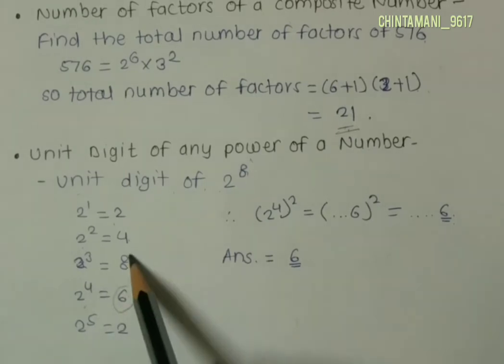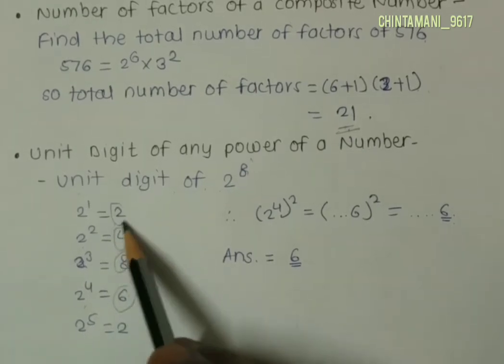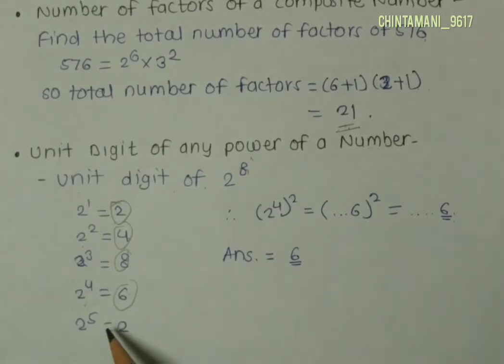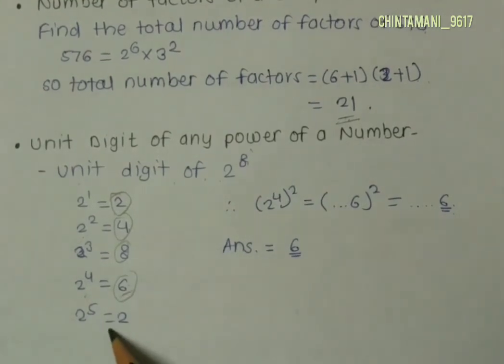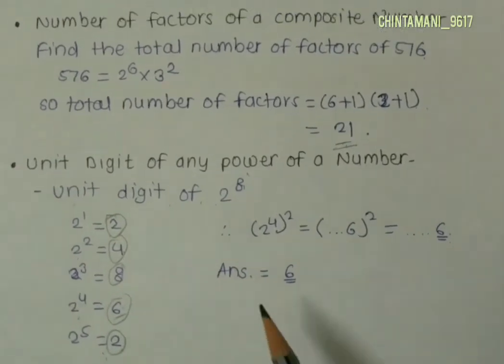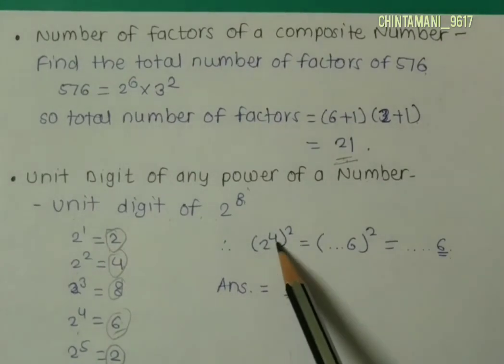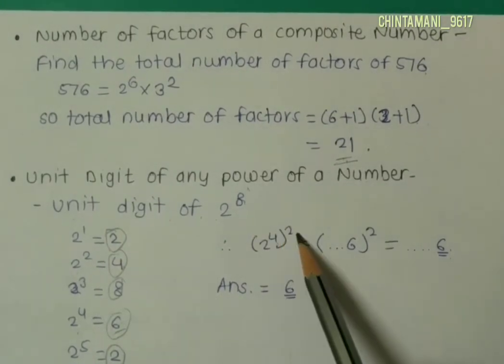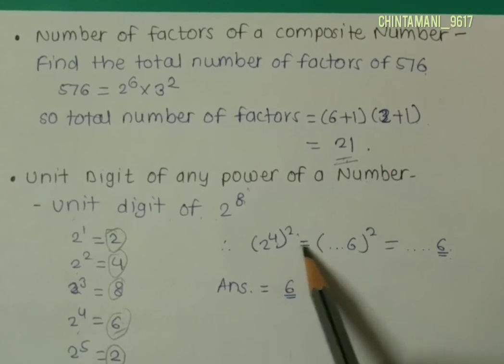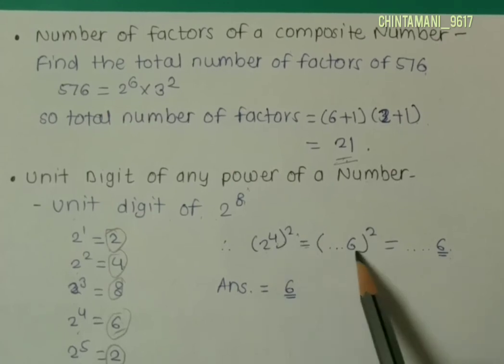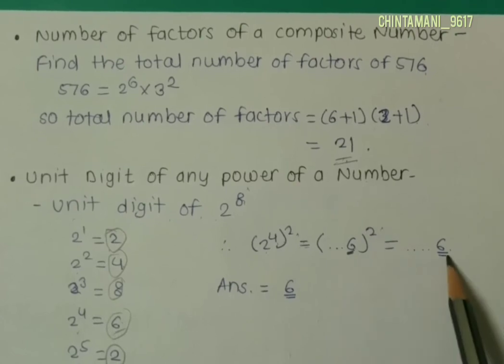These are the unit digit values. After 6, the values repeat themselves. 2 raised to 5, the unit digit will be 2. So we can identify that 2 raised to 8 is 2 raised to 4 squared. 2 raised to 4 has unit digit 6. 6 squared is 36, so the unit digit will be 6.